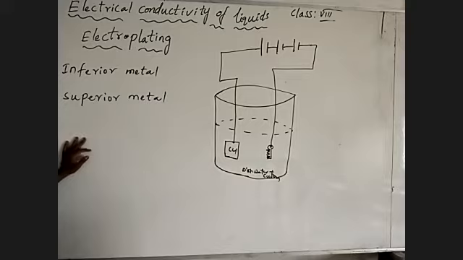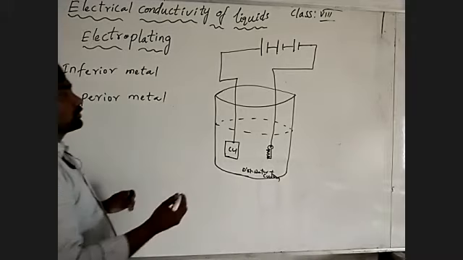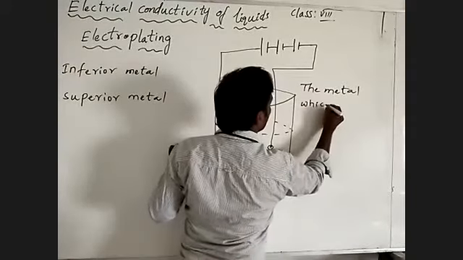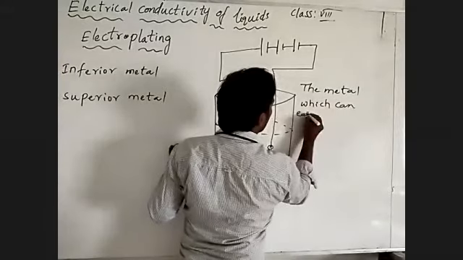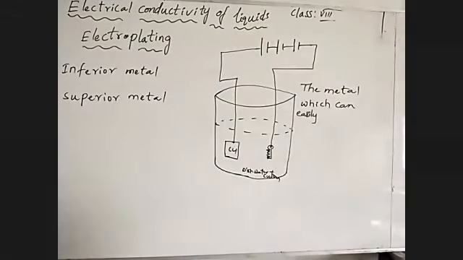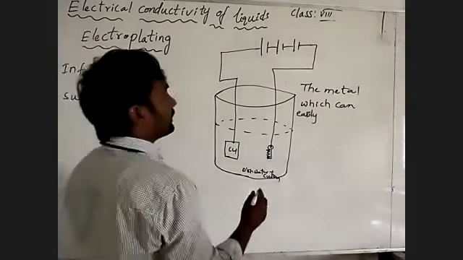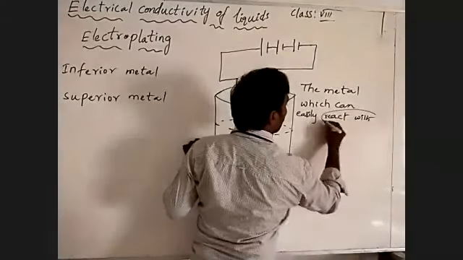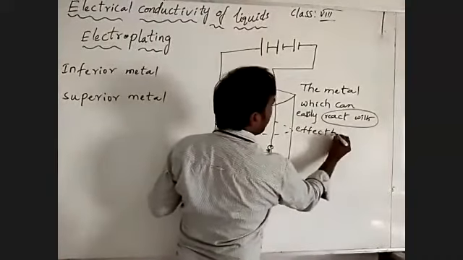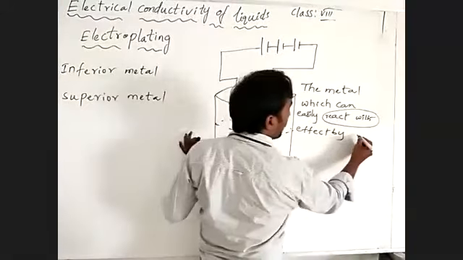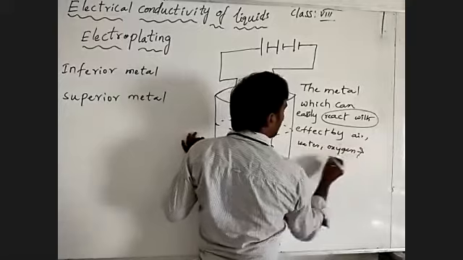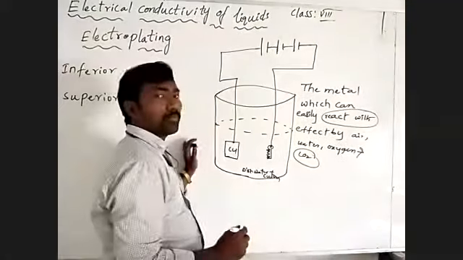Inferior metal means the metal which can easily react with or be affected by the atmosphere, meaning air: water, oxygen and carbon dioxide, CO2.